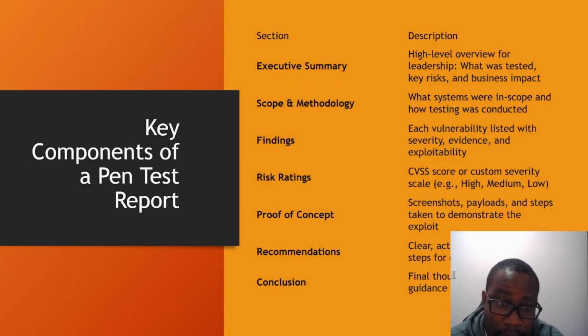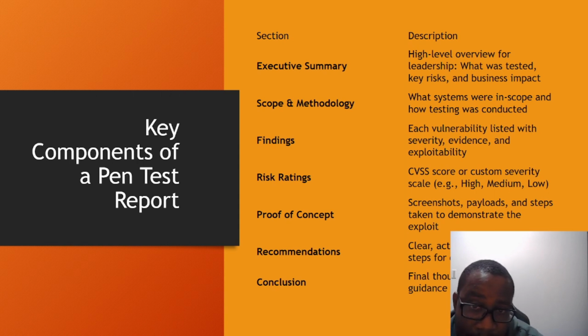So these are the key components of a pen test report. Executive summary. That's your high-level overview for leadership: what was tested, the key risks and business impacts. Your scope and methodology, what systems were in scope and how testing was conducted. Your findings, each vulnerability listed with severity, evidence, and exploitability.